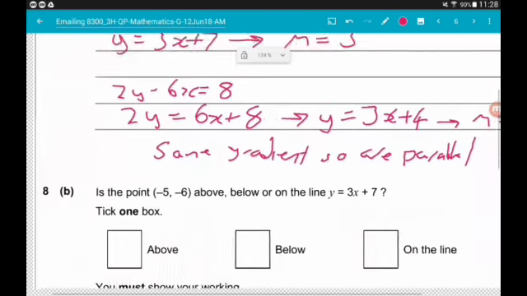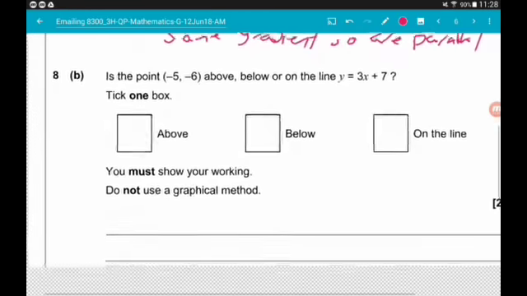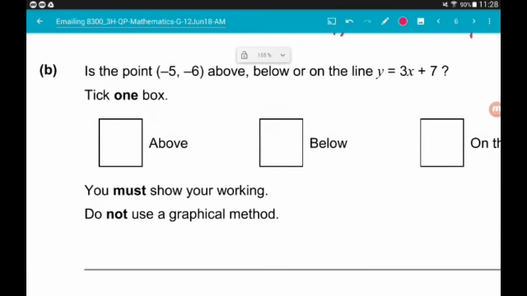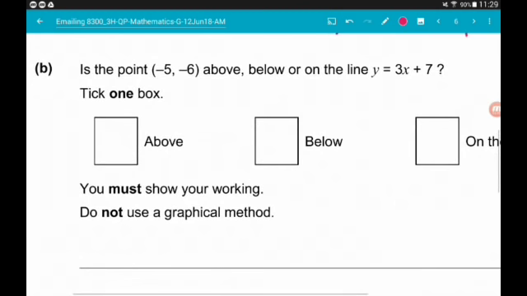Cool. Okay, then part B. We are asked, is the point (-5, -6) above, below, or on the line y equals 3x add 7? So, we're not allowed to use a graphical method. So, what we're going to do, we're going to find the y coordinate of y equals 3x plus 7 when x is minus 5.